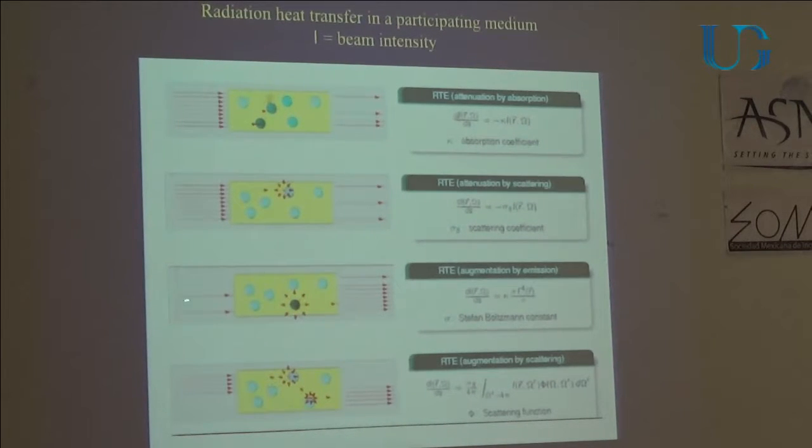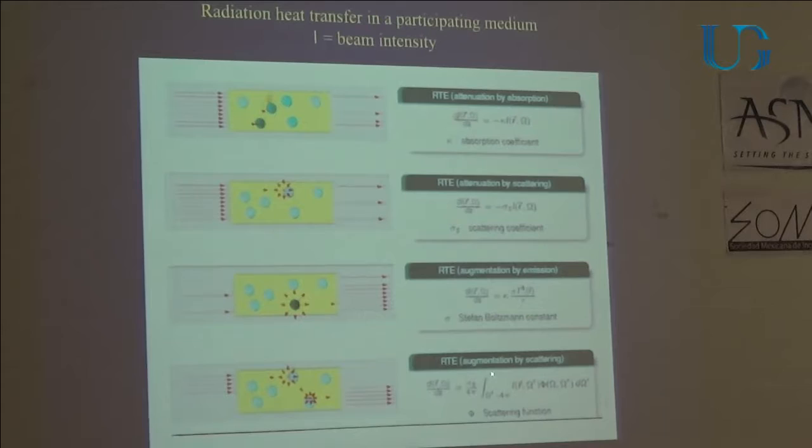So if we have, let's say, a low energy beam coming in this way, when it starts re-emitting, part of it will go in the same direction, and it will be increased.